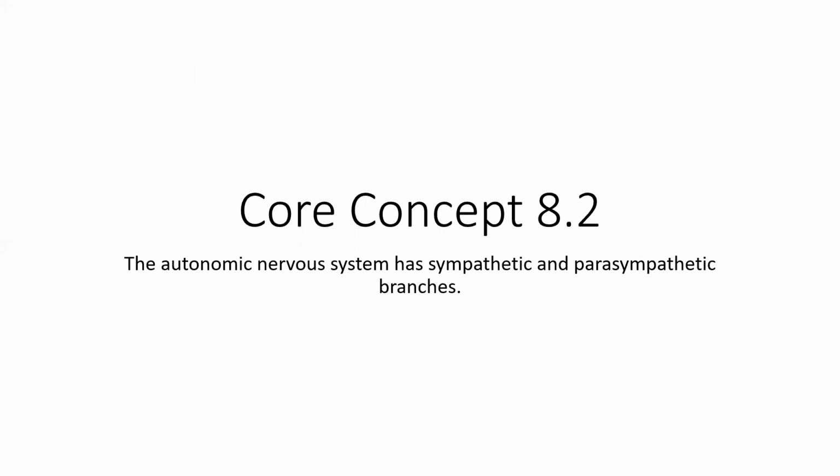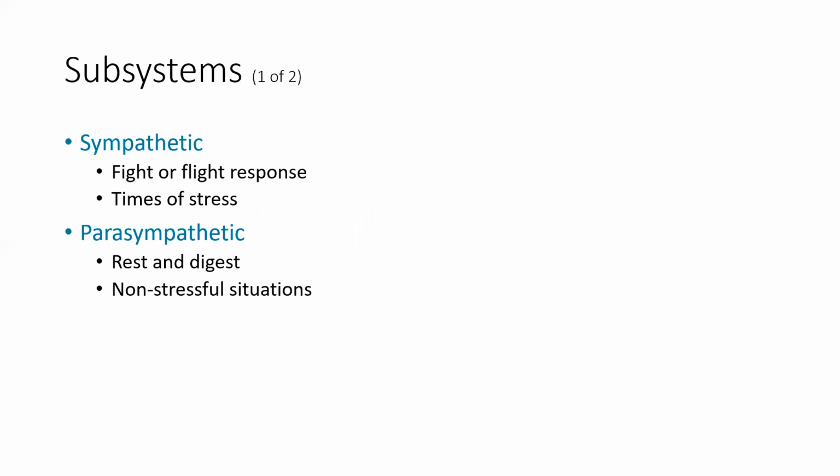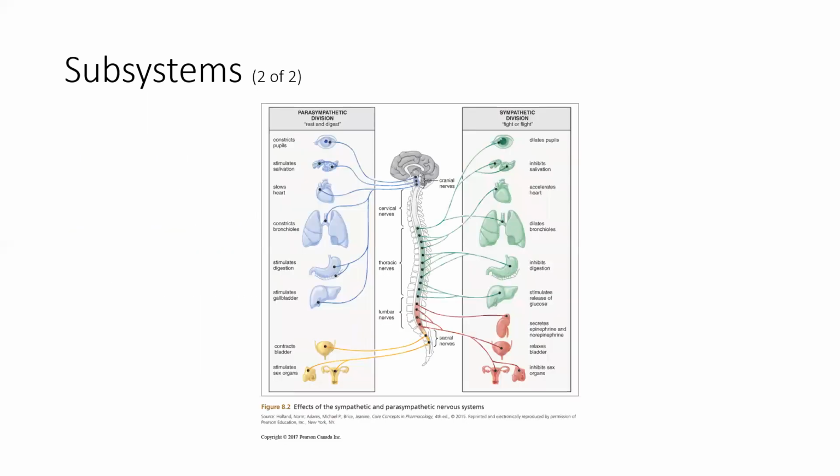Once again, sympathetic is a fight or flight response. Parasympathetic is a rest or digest system. Now, sympathetic is only at times of stress. The parasympathetic system works when there are non-stressful situations, when you're sleeping, resting, watching TV, relaxing. Now, look at this division. One side we are talking about parasympathetic and the other side is sympathetic.